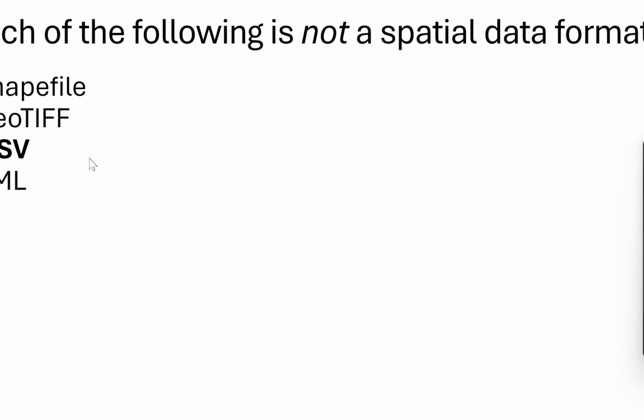But for CSV, you will give lat long information, and you also have to give your attributes, like the location name or some properties. So it will give a table of attributes. It is basically attribute table information.